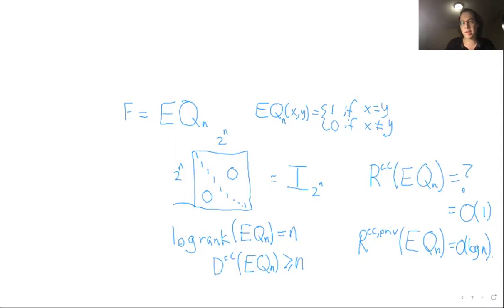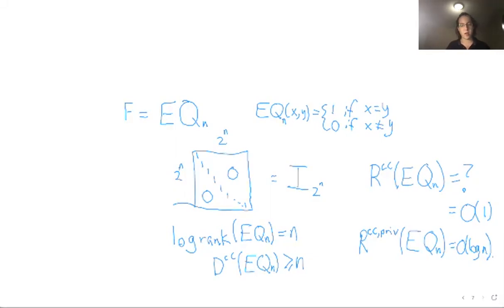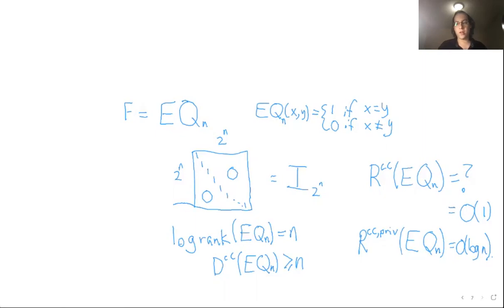And the deterministic communication complexity was n, so we still get an exponential improvement. What about quantum? Of course, quantum communication complexity with shared entanglement can simulate randomized protocols with shared randomness, so that's O(1). Without shared entanglement, you can simulate a randomized protocol with private randomness, and so you get at most O(log n). So that's the weird situation of equality.